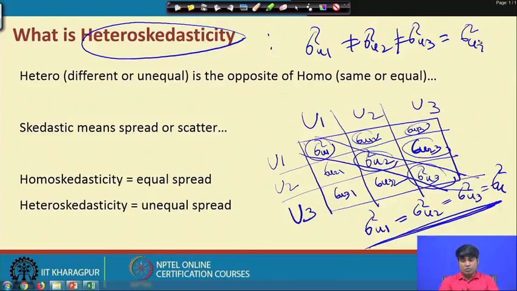Now we would like to check whether the error variances are equal over the time or unequal, and if unequal, what is the level of inequality, like the degree of autocorrelation. So we also need to understand the degree of heteroskedasticity.